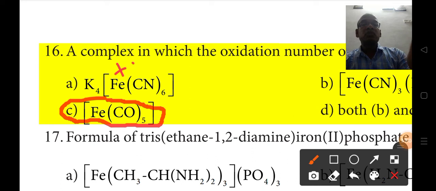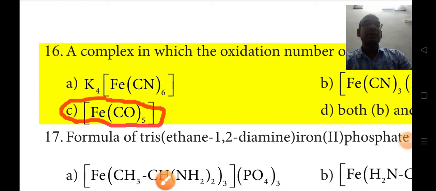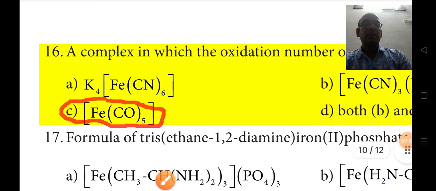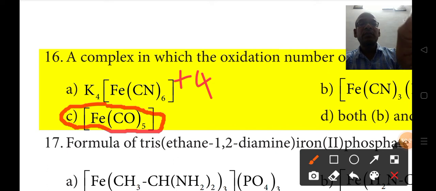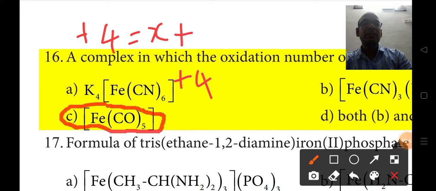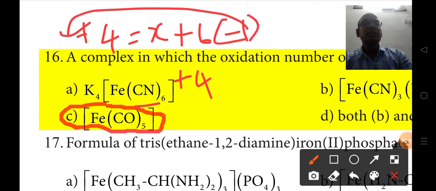For this complex, the net charge is +4. So +4 equals the central metal ion oxidation state X, with 6 CN, and CN has a -1 charge. Therefore, to find X, this comes this side, so +6.